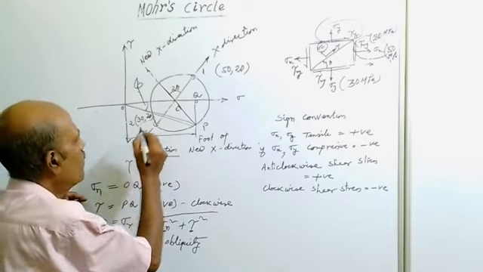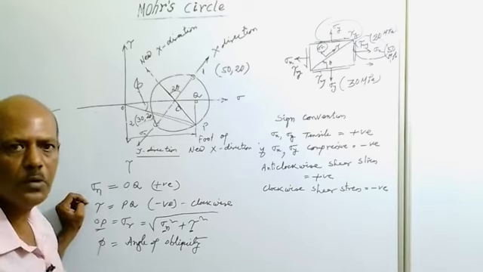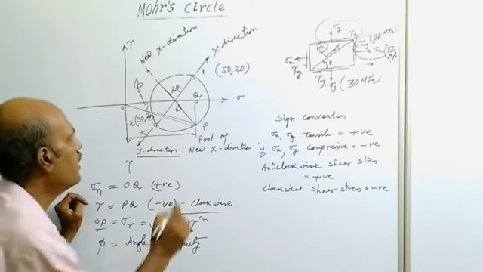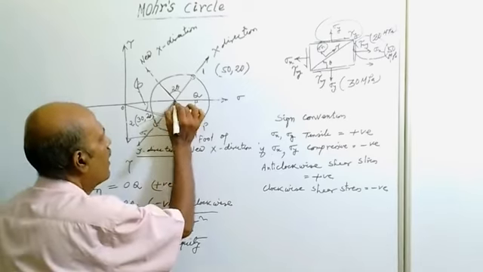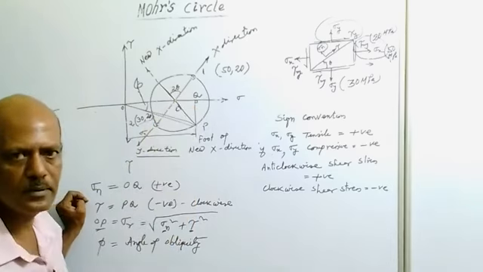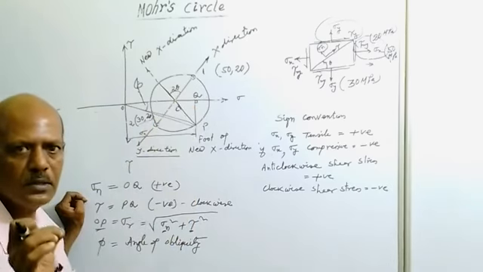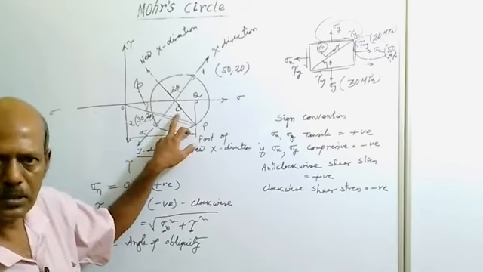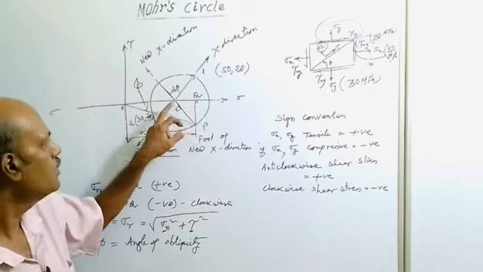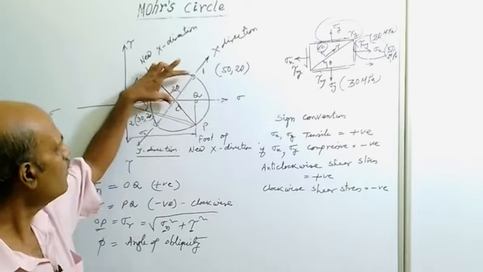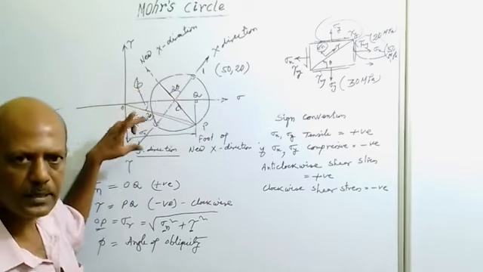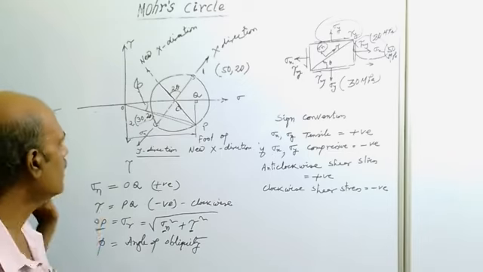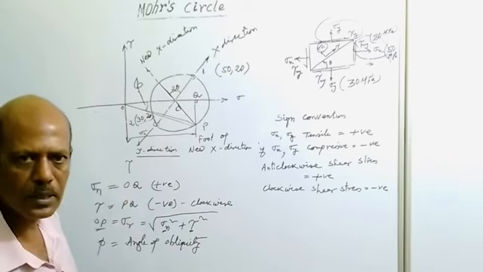Then join point 1 to 2, it will intersect somewhere on sigma axis, and that point is called the center of Mohr circle. Take this one as center and this one or this one as radius, draw the circle. So this is the Mohr circle.